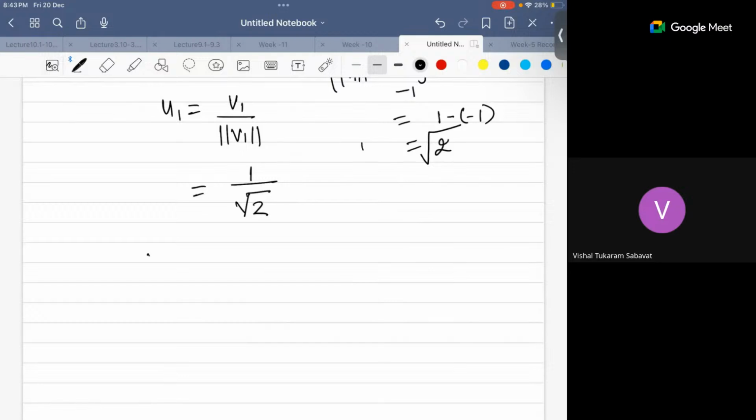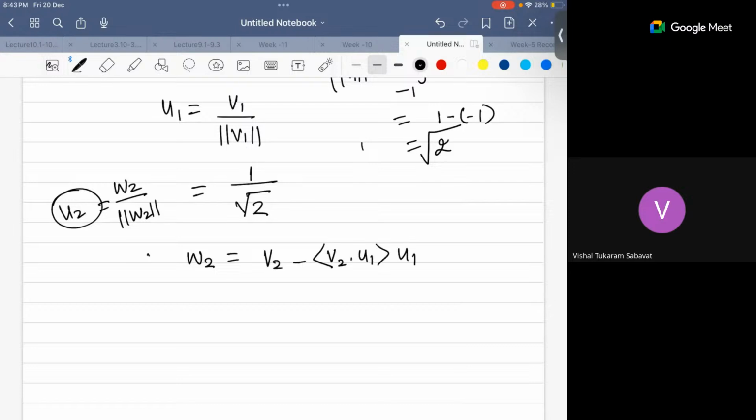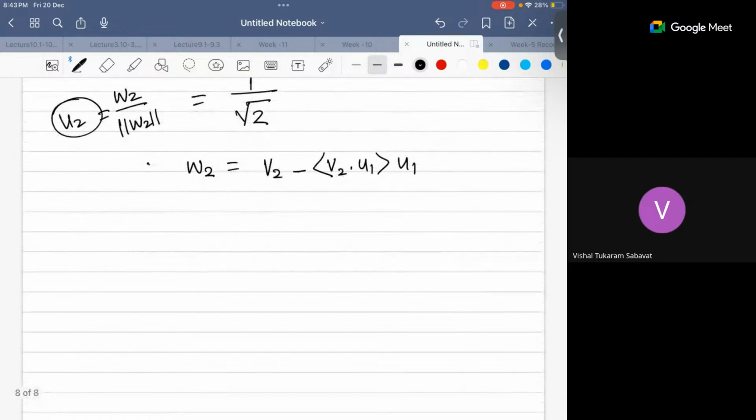Now you have to calculate u2. To calculate u2, first u2 is w2 upon mod of w2. First you have to calculate w2. How will you calculate w2? It is v2 minus the inner product of v2 and u1 in the direction of u1. Now how will you calculate this?